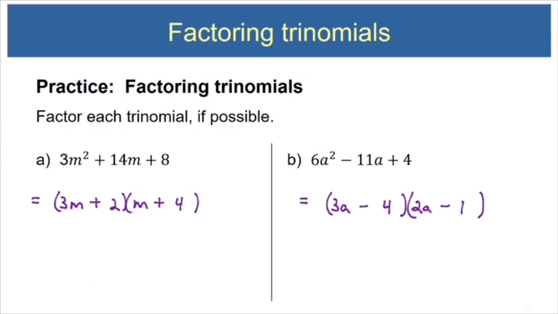But I still have to make sure that it does work because it's possible that this can't be factored at all. So let's check. Outer times outer would be negative 3a. Inner times inner would be negative 8a. Negative 3a plus negative 8a does add up to negative 11a, which is what we wanted. So this is the correct factoring, and we can just get rid of that scratch work.